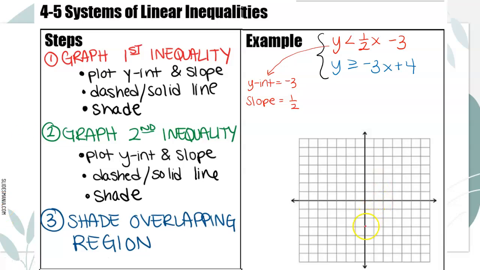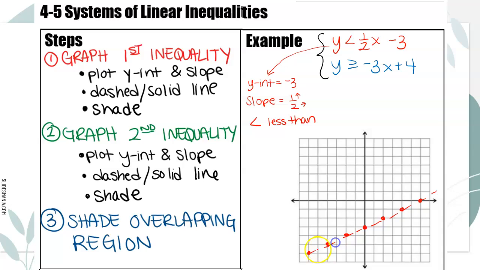So I'm going to plot that y-intercept, and I'm going to go up 1 and to the right 2. But I'm not going to connect these with a line quite yet because I have to do some thinking. I am using the inequality less than, which means it will not be a solid line.